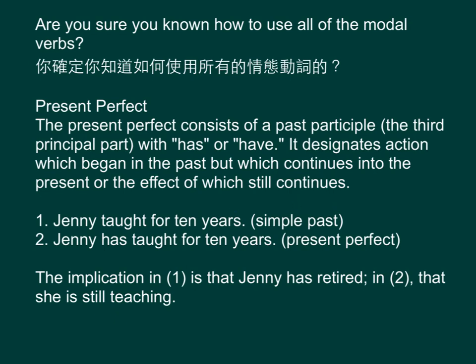For example, 1. Jenny taught for 10 years. Simple past tense. 2. Jenny has taught for 10 years. Present perfect. The implication in 1 is that Jenny has retired. In 2, that she is still teaching.